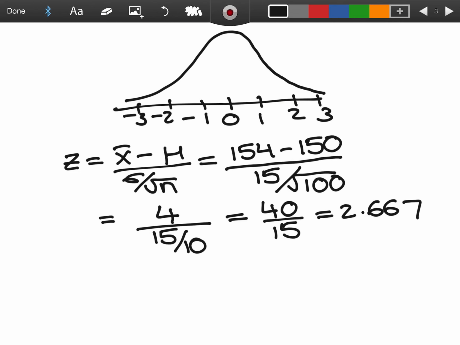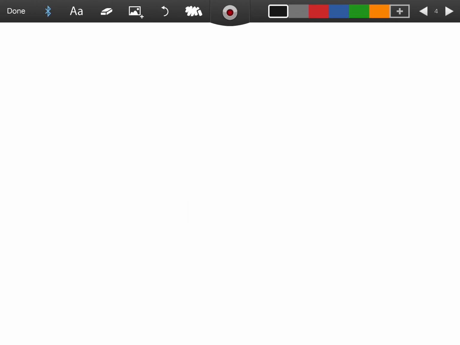Now they have given us that significance level of 0.05. That's where that comes into play. So what that significance level does is it gives us a region in which we want to reject our null hypothesis. So remember I said whatever that value is that they give you, in this case alpha was 0.05, that was your significance level.